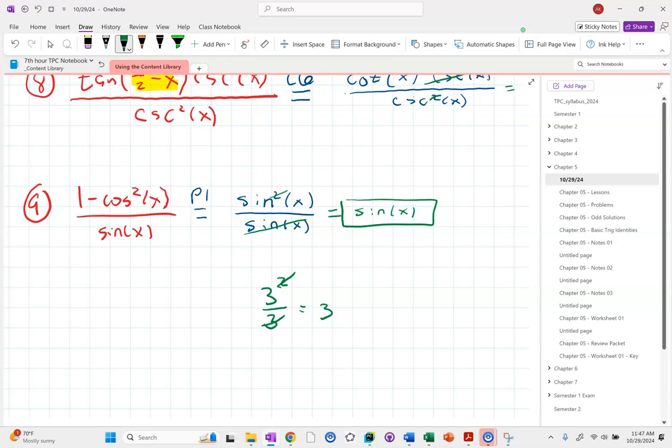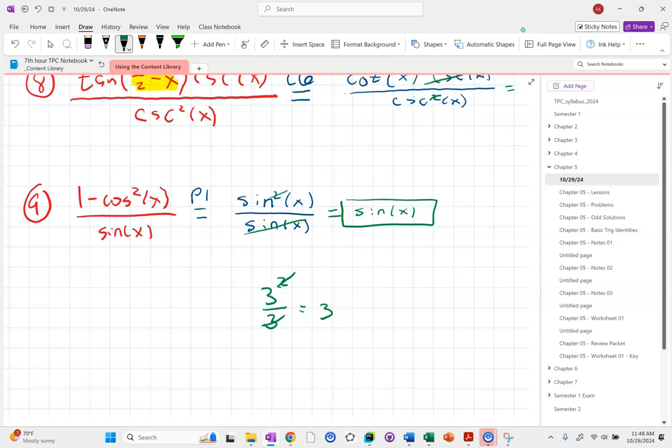Again, if you're not sure how to do this algebraically, think back to just numbers. Most of us have the right idea if we turn things into numbers instead of a bunch of letters and symbols. But it's the same set of rules. The same things that would be okay to do with a number are the same things you're going to be able to do algebraically with the symbols. So if you're stuck, think about what it would look like with just some numbers. Like I just replaced the sine x with 3s. I said, okay, what is that? What can I do with that?